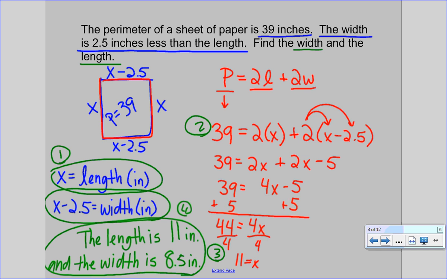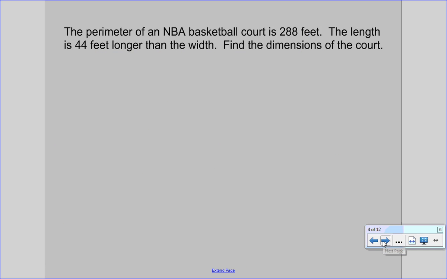Let's try this process one more time. Again, we're talking about perimeters. The perimeter of an NBA basketball court is 288 feet. I'll draw another picture of my basketball court, labeling the perimeter as 288.